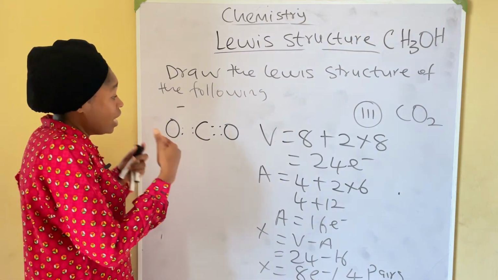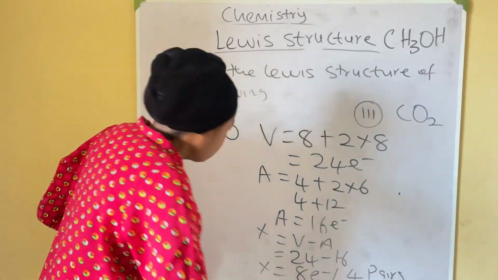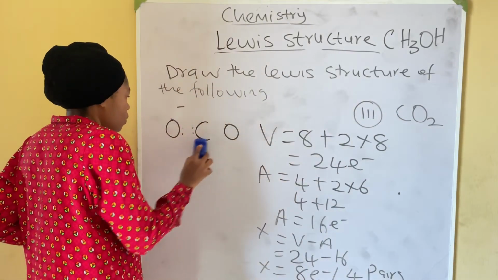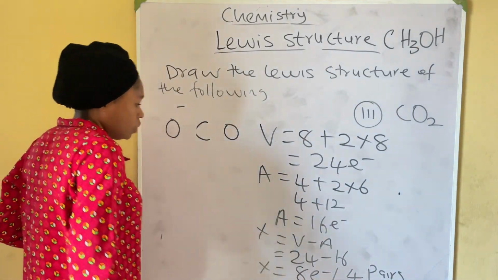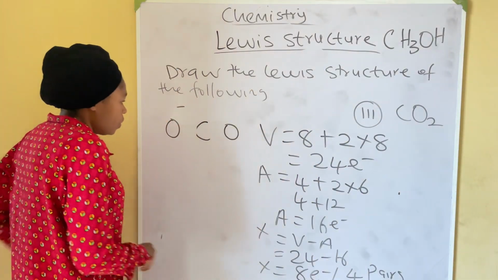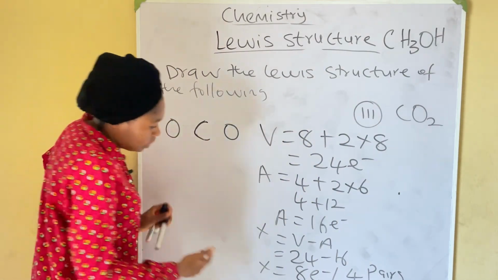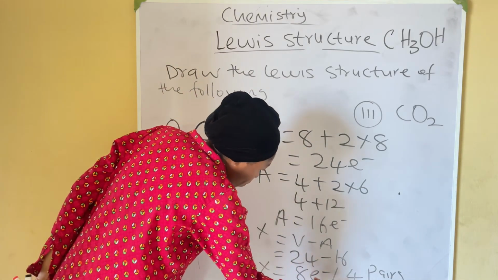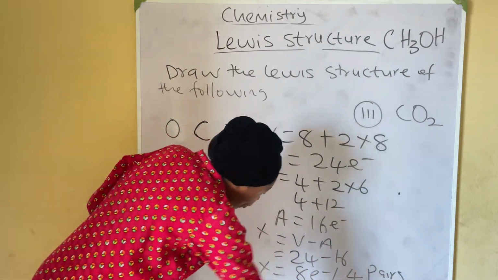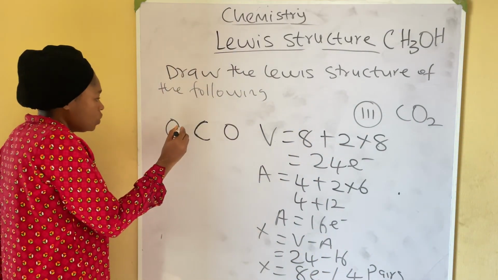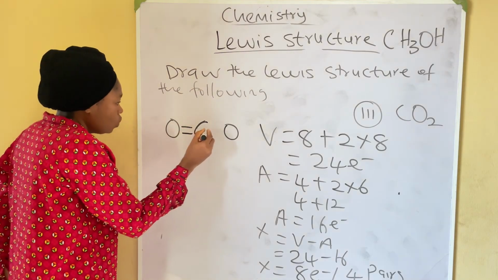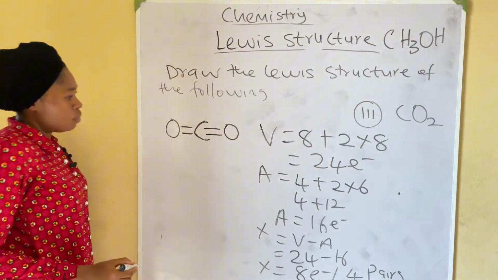I prefer to use lines. I have 8 electrons, or 4 electron pairs. So I put 1, 2, 3, 4.